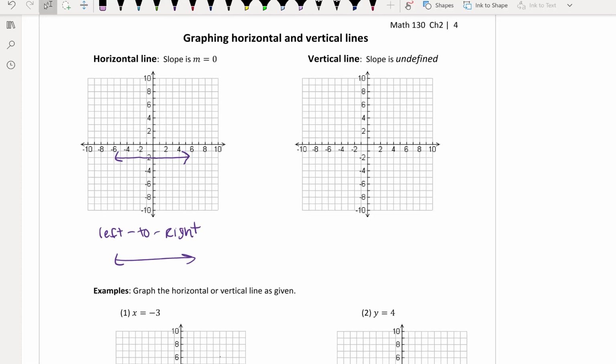So this slope would be m is equal to 0. Now for a vertical line, this goes up and down. A vertical line goes straight up and down. So then this slope you would say is undefined. Straight up and down looks like this. It's a vertical line.